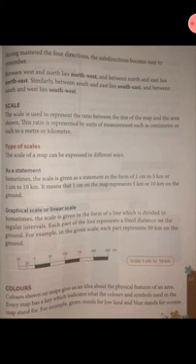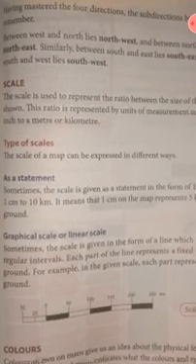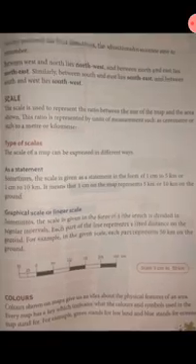Scale. The scale is used to represent the ratio between the size of the map and the area shown. The ratio is represented by units of measurement such as centimeters or inches, to a meter or kilometer.